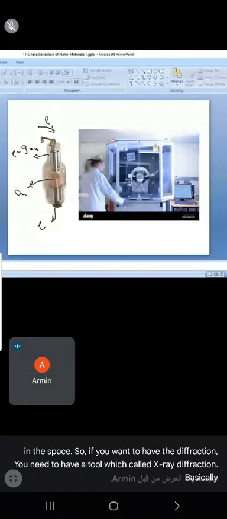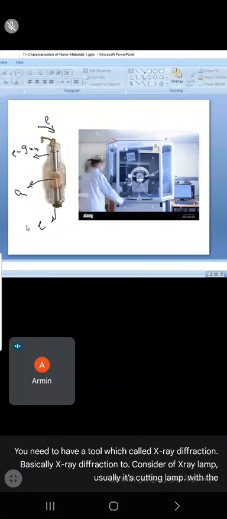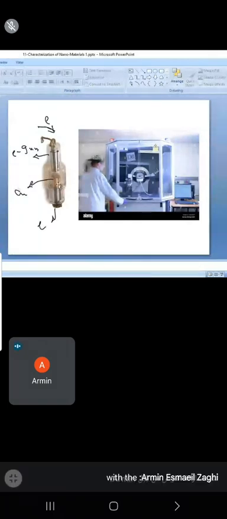Basically, an X-ray diffraction tool consists of an X-ray lamp. Usually, it's a cathodic lamp with a copper anode.